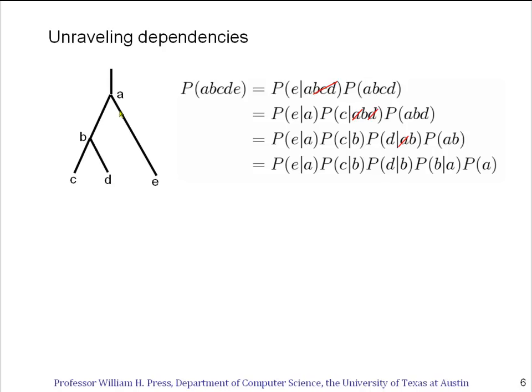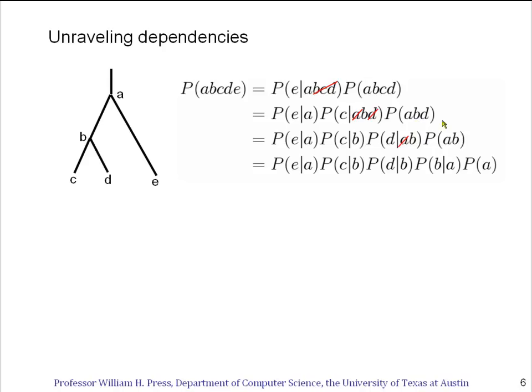And if you think about it, it can't depend on A either, because once we condition it on B, that, in a sense, shields it from any influence of A. Any influence that A would have had is already seen in what happened at B. And so C doesn't depend on that. So this term, probability of C given A, B, and D, becomes just a probability of C given B.